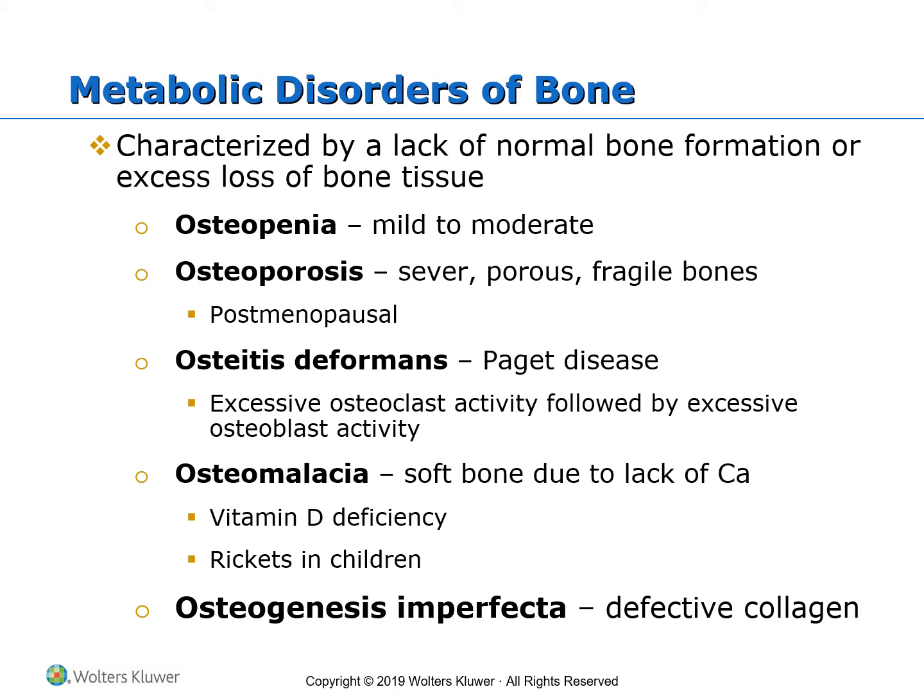And as a result, we'll have areas where the bone will have high quantities of bone tissue deposits as opposed to other areas that will be depleted of bone structure. Osteitis deformans is also called Paget disease, and the cause for it is not certain. It is believed that there is a mutation in the genes that regulate the osteoclast activities.